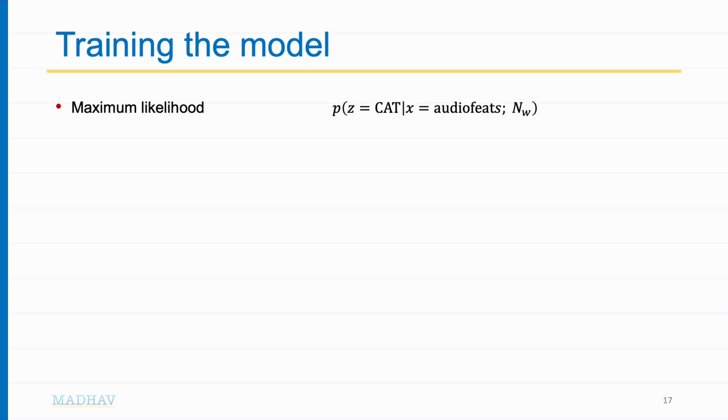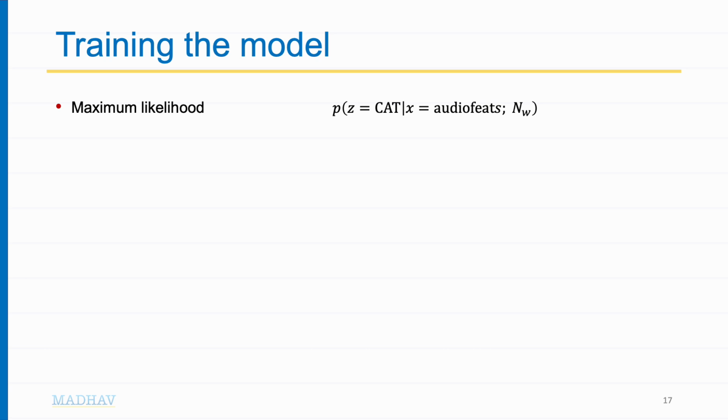What all loss functions do you know? Cross entropy. Cross entropy can be derived from maximum likelihood or KL divergence minimization. So yes, that is a loss function. What else do you know? MAP estimator, maximum a posteriori estimator.